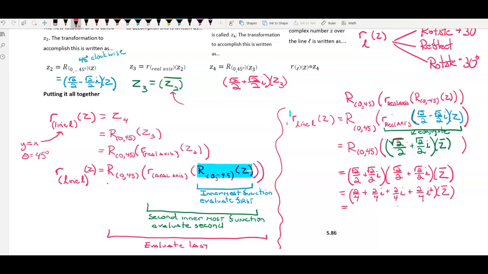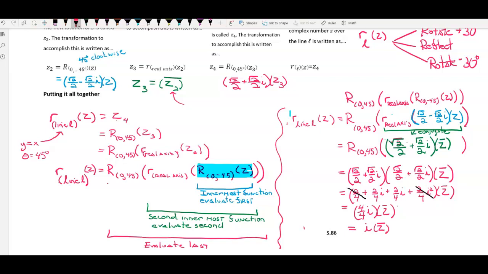These are going to cancel out. This becomes negative 2 over 4, so that's gone. Now I add those two up and I get 4 over 4 i times the conjugate of z. So that's just i times the conjugate of z.